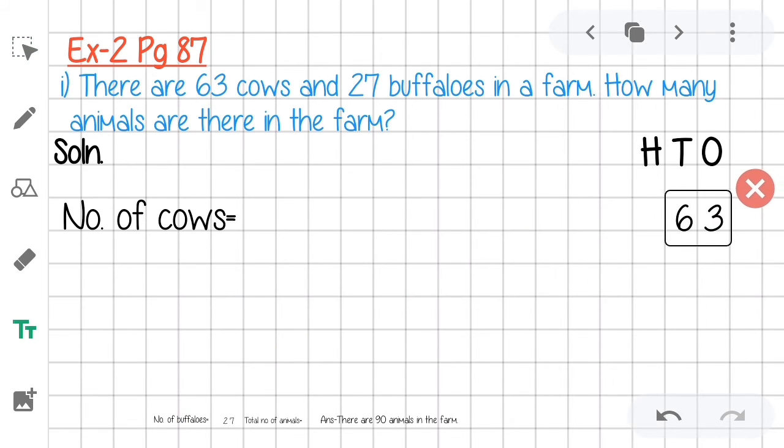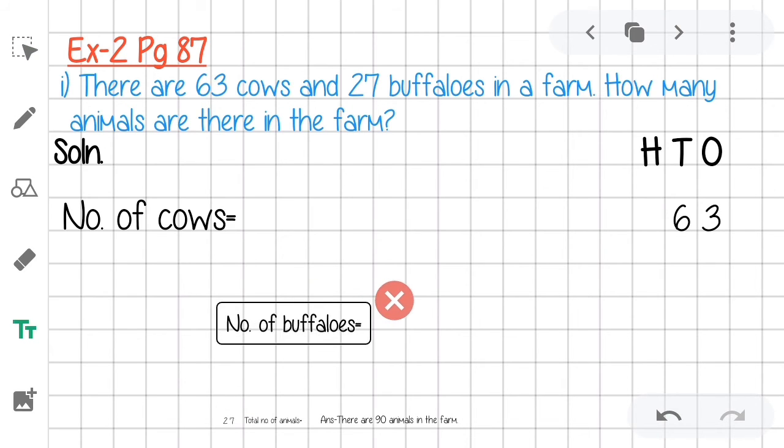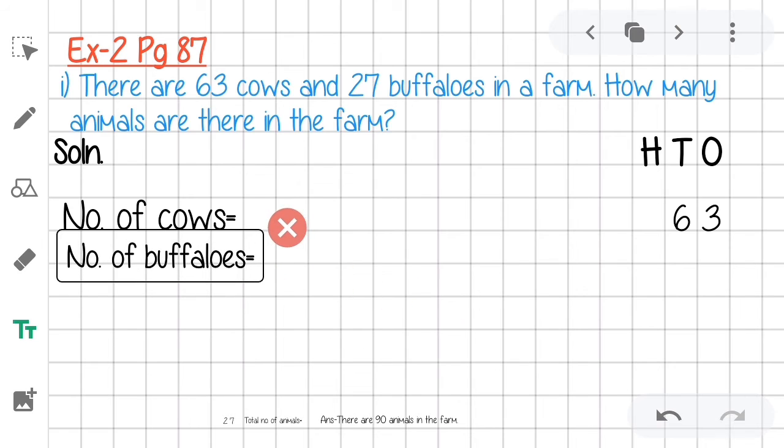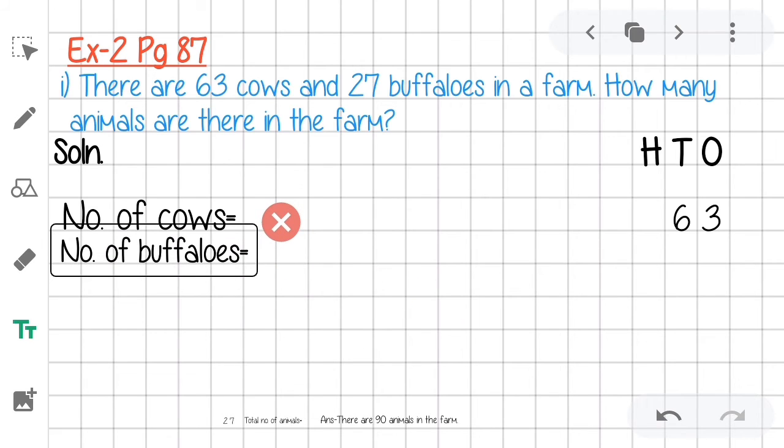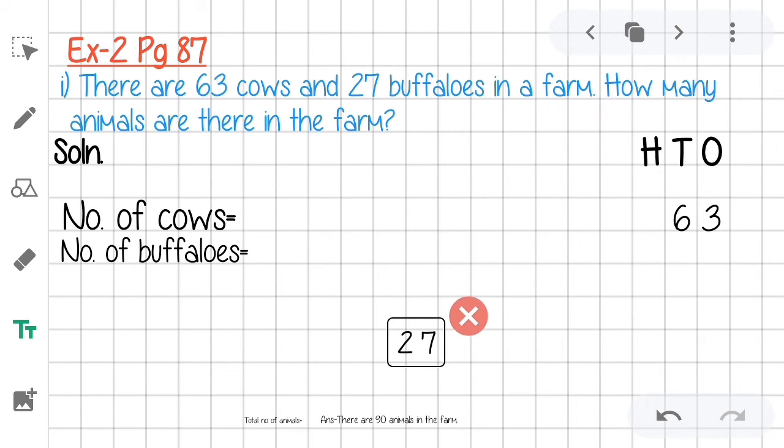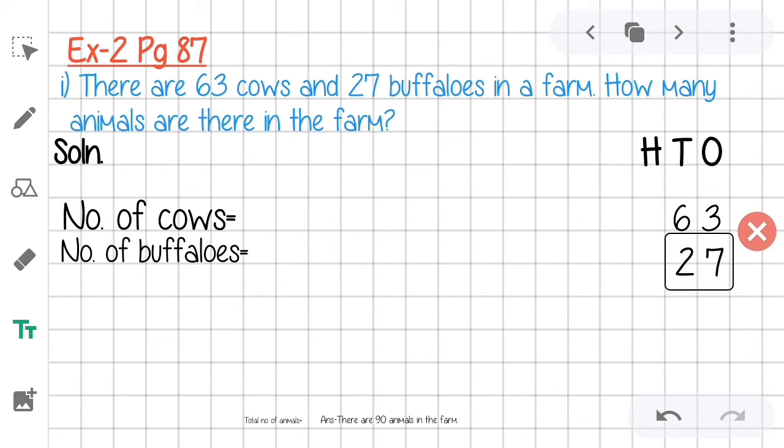So we'll write 63 in the last two blocks below tens and ones column. Now the next step will be number of buffaloes. So we'll place it here. How many buffaloes are there? There are 27 buffaloes. So we'll write 27 in the last two blocks below 63.